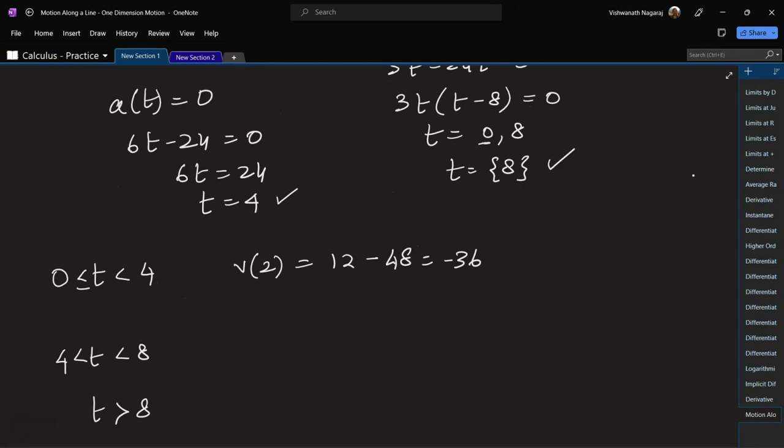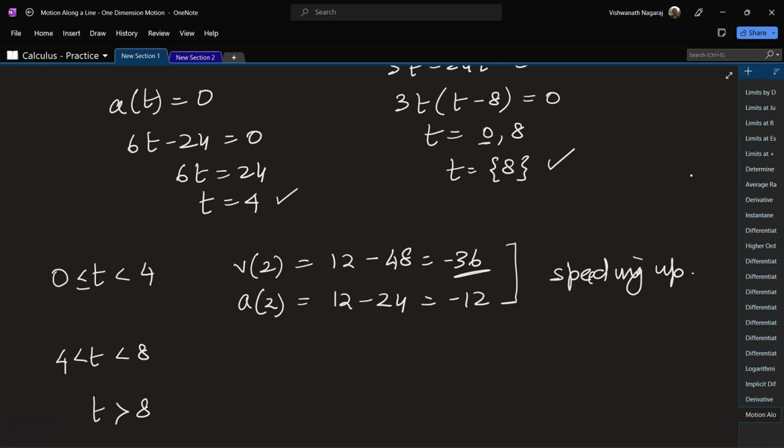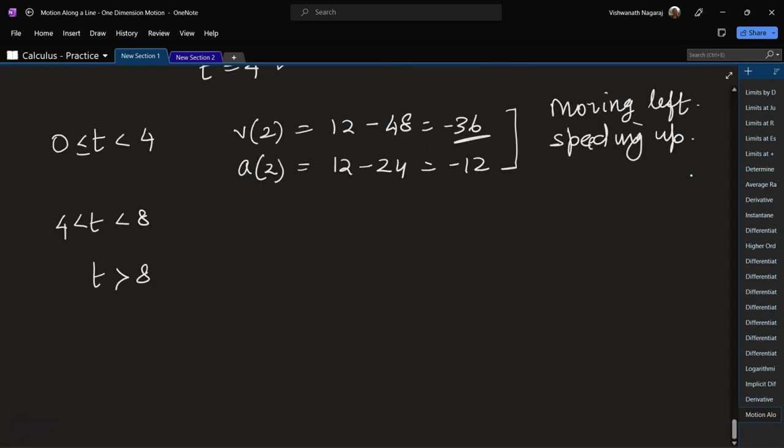Now what about acceleration at time 2? That would give us 6 times 2 is 12 minus 24, which is minus 12, right? So when both the velocity and the acceleration are both negative or both positive, then it means it is speeding up. And when the velocity is negative, it is moving to the left.